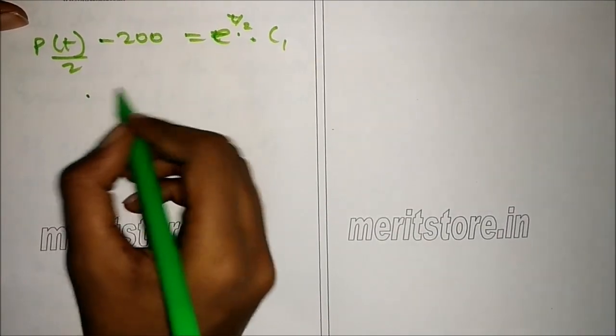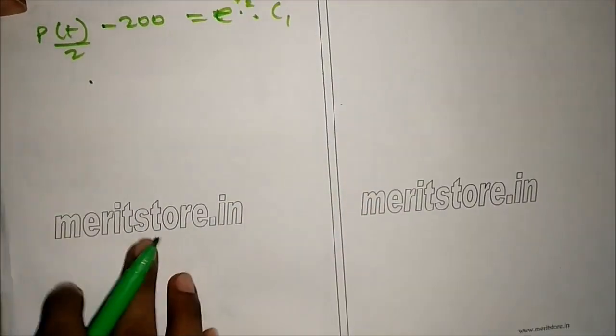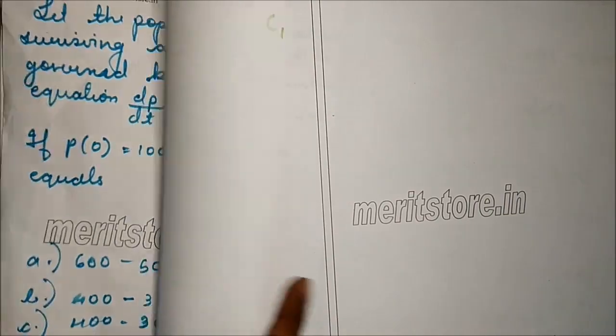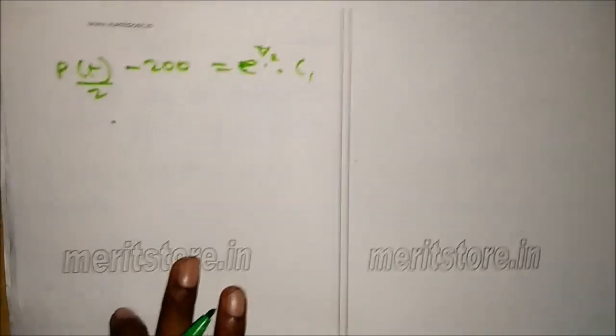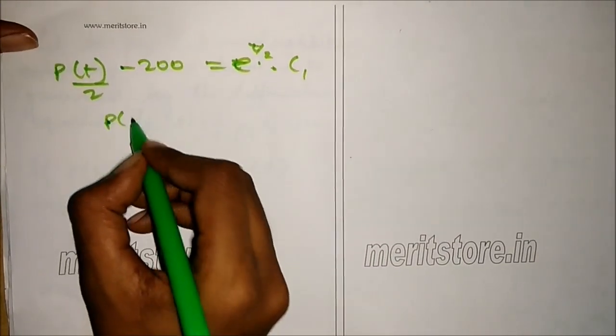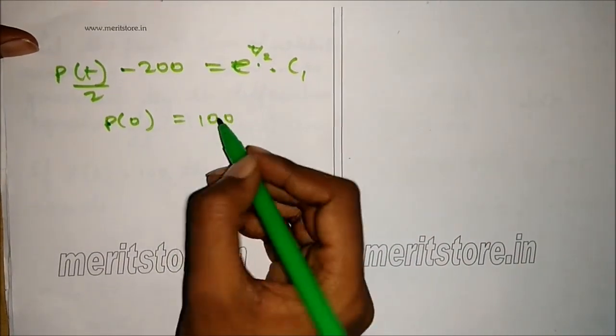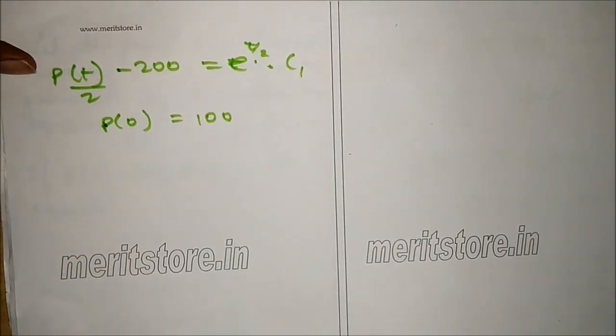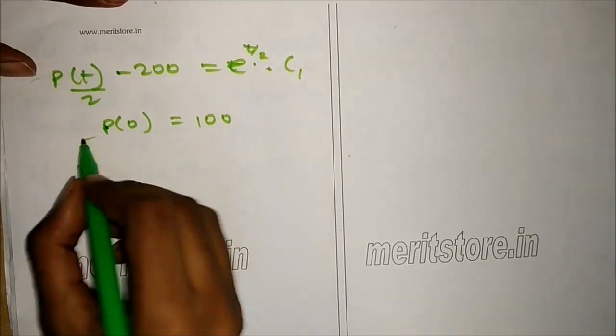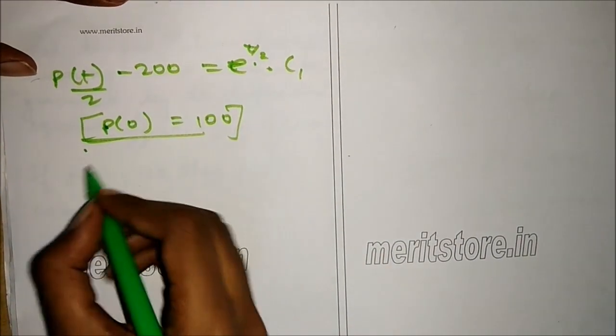Now p(0) is given as 100, so we substitute the values to get the value of c1.